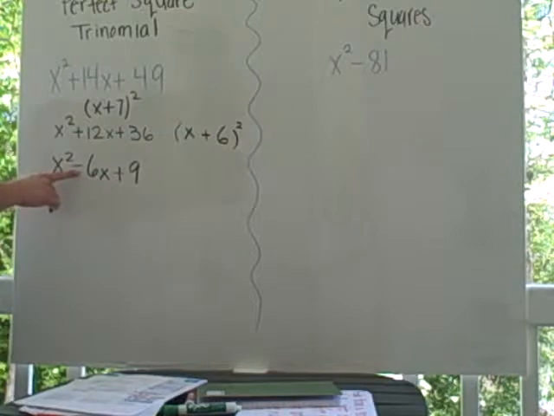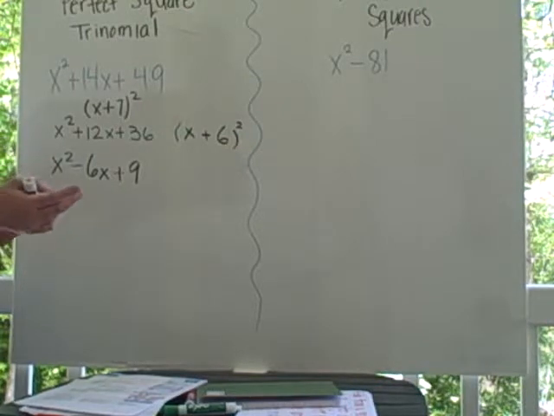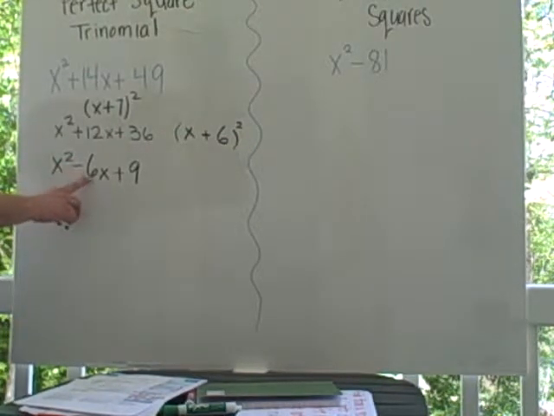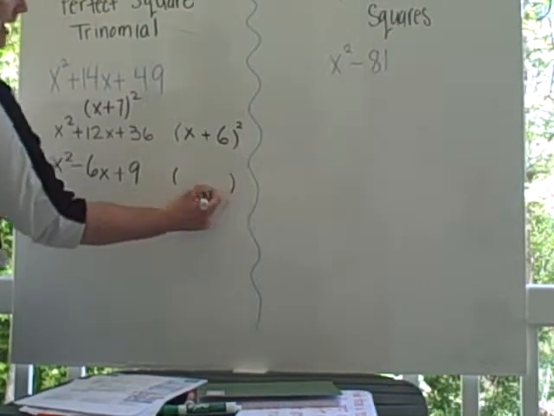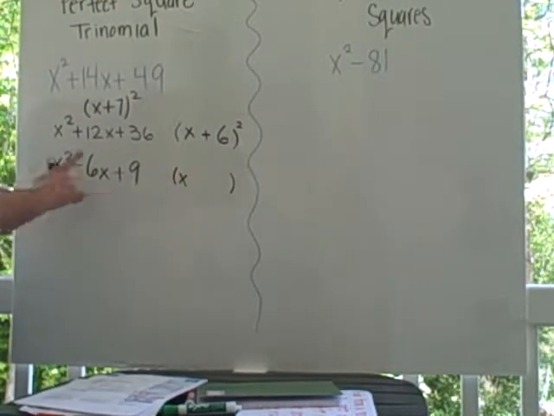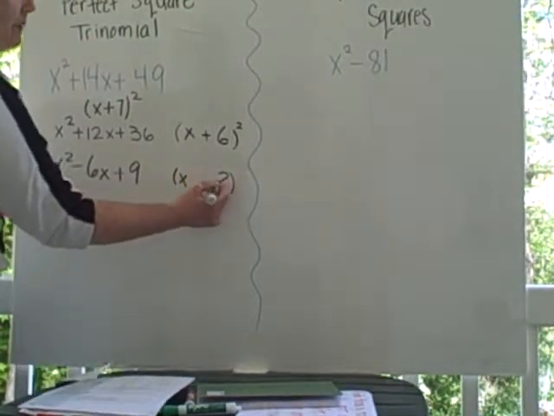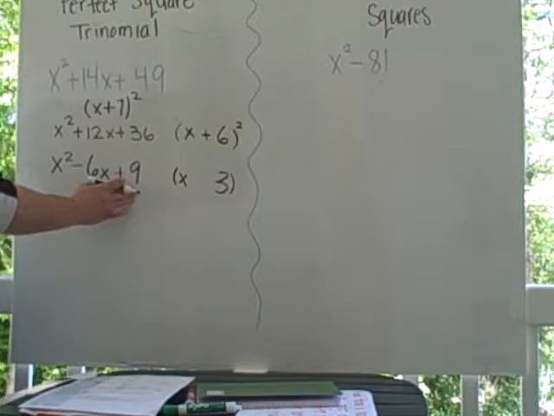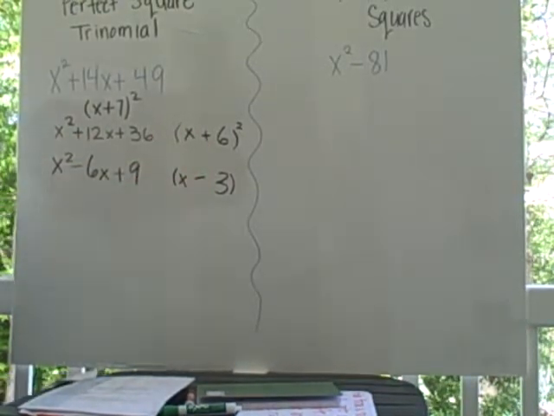So I see this negative here and realize that it must be a negative 3 times a negative 3. Negative 3 times 2, and that's how the negative 6 came about here. So in looking to factor this one, I put an x in the front because x times x is x squared. I put a 3 in the back because 3 times 3 is 9, but instead of putting a plus sign, I would need to put a minus sign in between there.